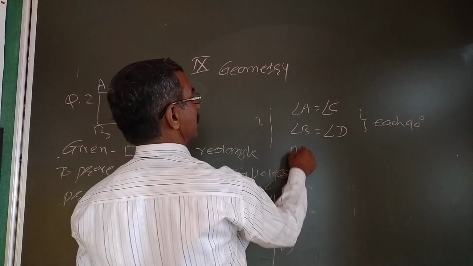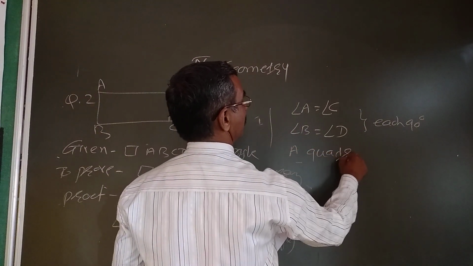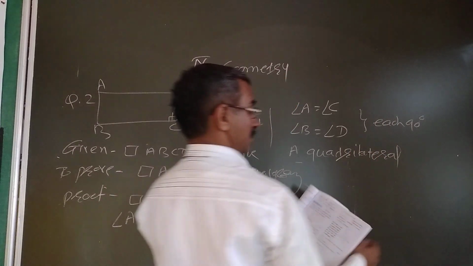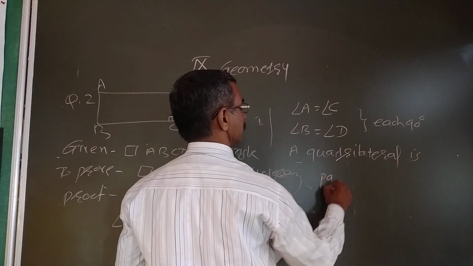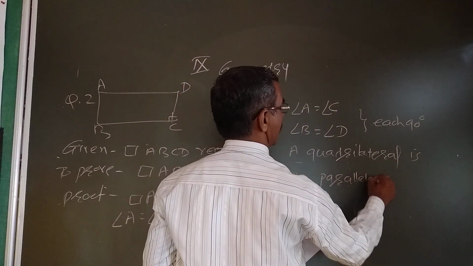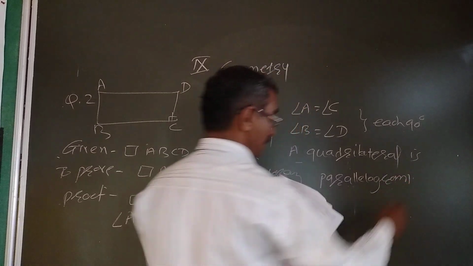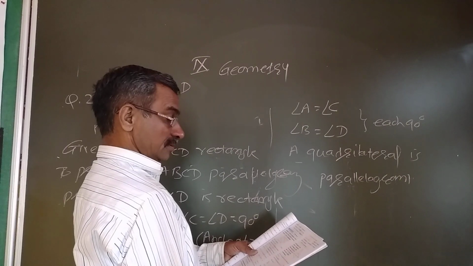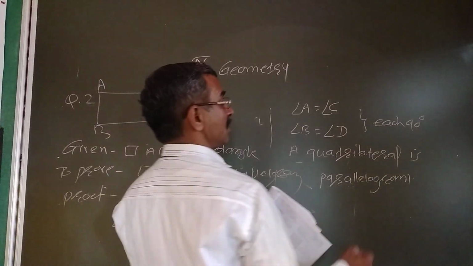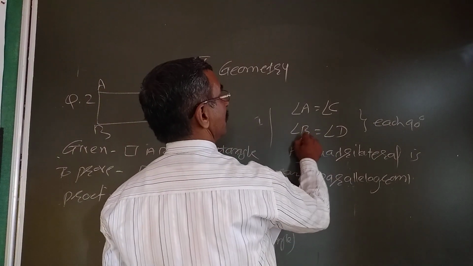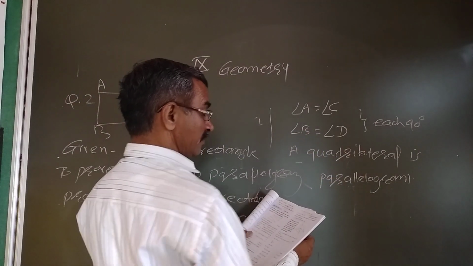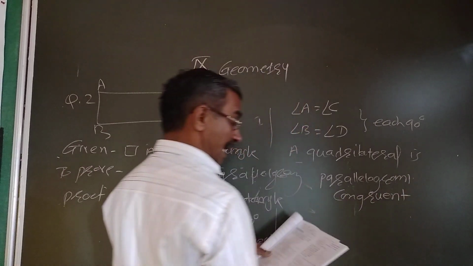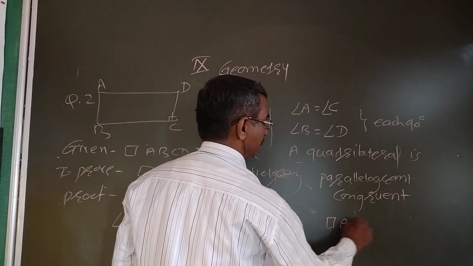Therefore, the given quadrilateral is a parallelogram. If its opposite angles are equal or congruent, then we can say that ABCD is a parallelogram.